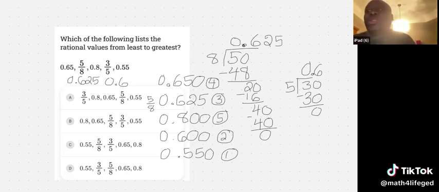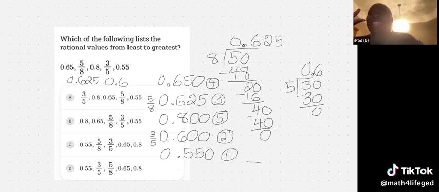Now, for the GED on the exam, you won't have a calculator for that, right? You won't have a calculator. So you need to learn how to divide fractions. So now we're going to put them from least to greatest. So the first one is 0.55, right? Okay, so this one is correct. This one is correct. These are incorrect.